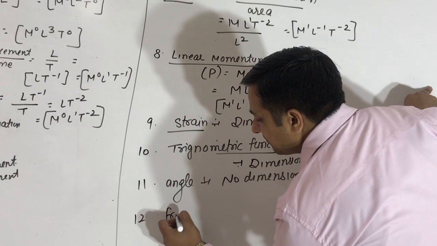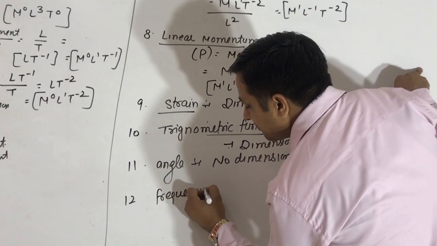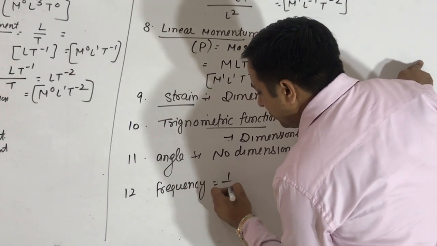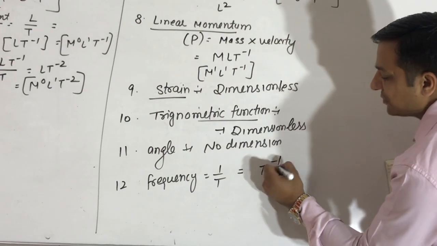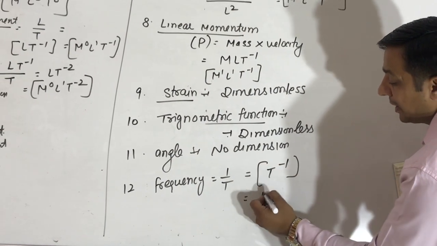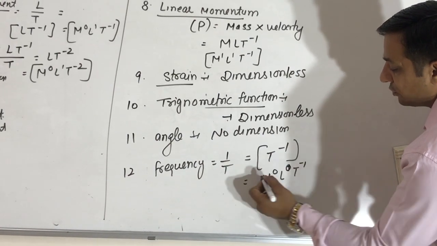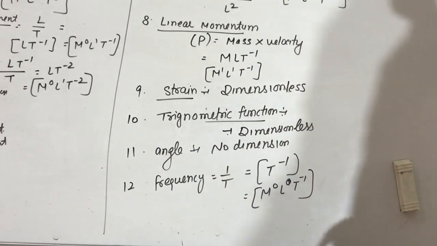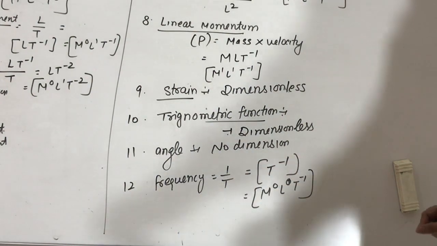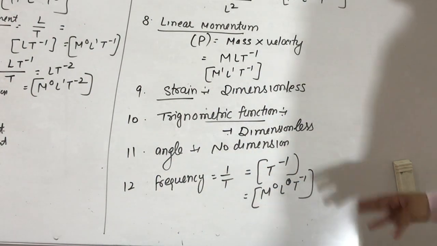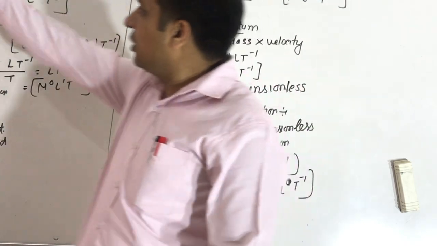Frequency is 1 upon t, that is t minus 1, and in full form you will write m0 l0 t minus 1. The dimensional formula of frequency is m0 l0 t minus 1. Very important term. What is the dimensional formula of area?